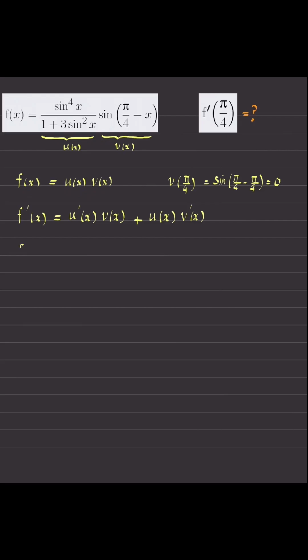But what I am looking for is actually f prime of pi over 4. So it means that I have to replace x with pi over 4 everywhere. So this becomes u prime of pi over 4 times v of pi over 4 plus u of pi over 4 multiplied by v prime of pi over 4.